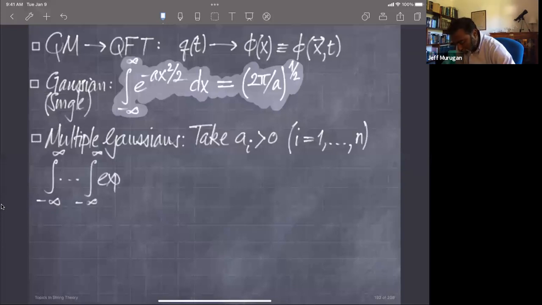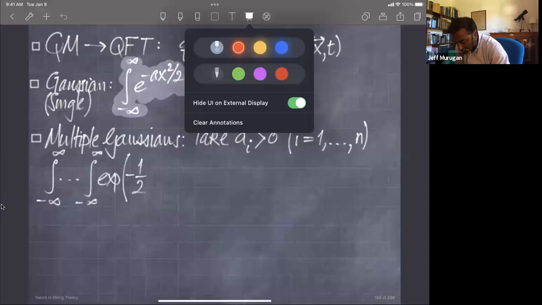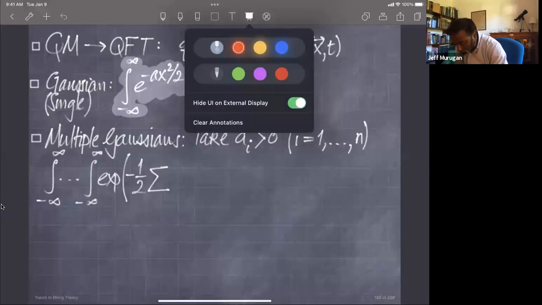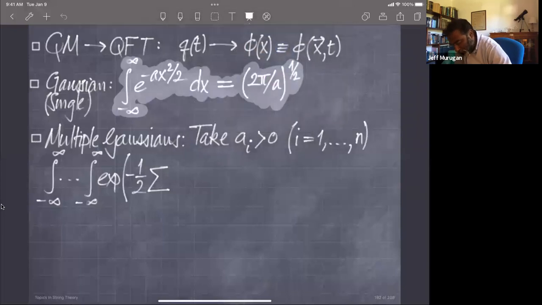And we're doing an exponential, and it's minus a half, sum over I AI xi squared.